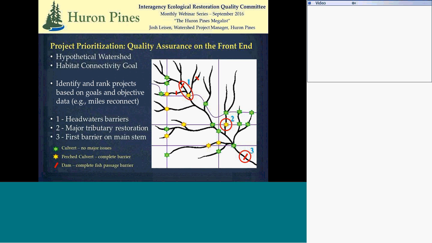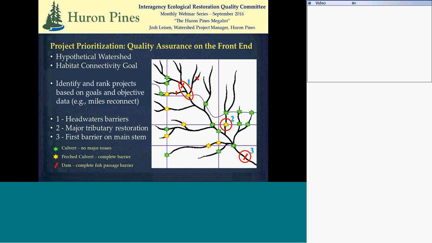For example, only include sites where the upstream miles reconnected would exceed a half a mile. In the comment section, you might also note pairs or groups of sites that should be completed in tandem, such as potential project number 1 as shown on the map. Depending on secondary goals, you may choose to include additional sites that have exceptionally high sediment loads, where there are human safety issues or other factors that you consider important.